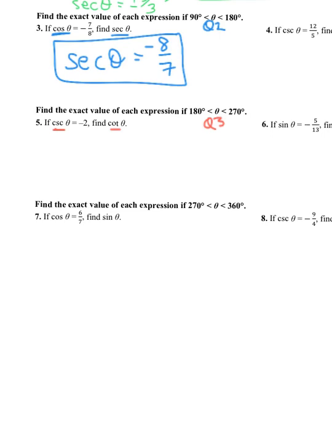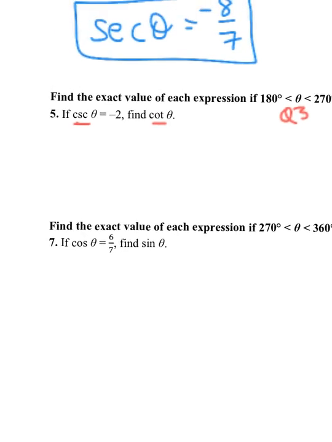All right, so if you look through your Pythagorean identities, the third one has both of those. So let's go ahead and set that up. I have 1 plus cotangent squared of theta is equal to the cosecant squared.